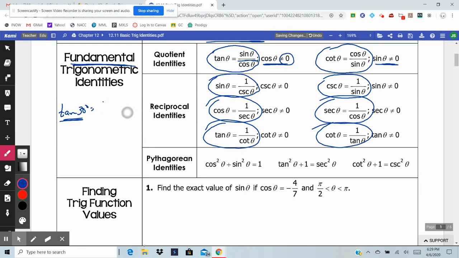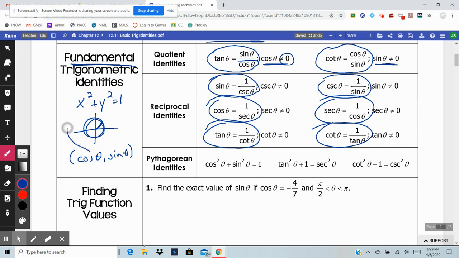And let me show you where this Pythagorean identity comes from. We know our basic unit circle that we talked about earlier this chapter. The equation for a unit circle is x squared plus y squared equals 1. But also, remember that each point on this unit circle corresponded with the cosine and the sine values of the angle, at the point where the angle crossed the unit circle.